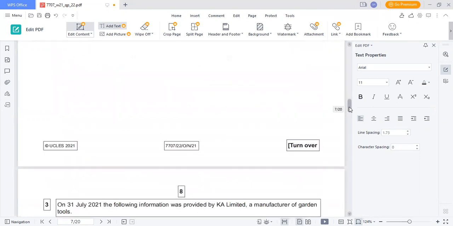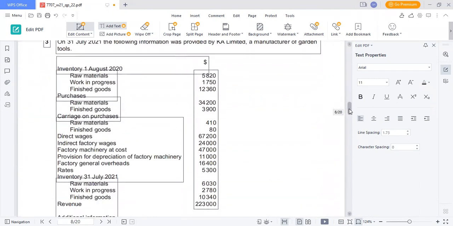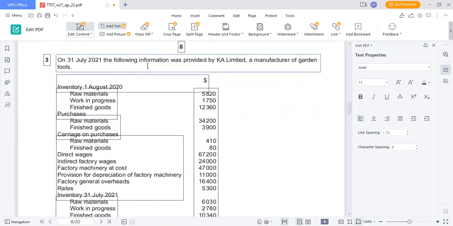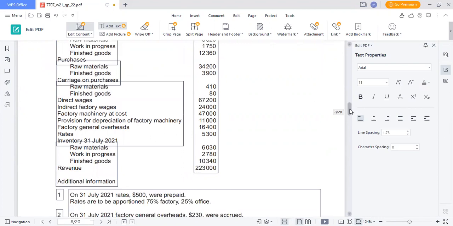Okay. Moving towards question 3, on 31st July 2021, the following information was provided by KA Limited, a manufacturer of a garden. So we have inventory, raw material, work in progress, opening inventory, purchases, carriage on purchases, direct wages, closing inventory, revenue.